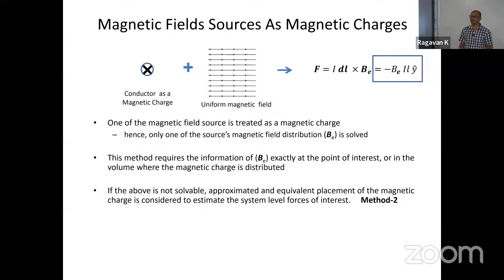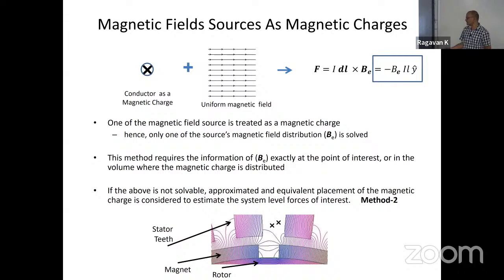I'm sure you want to look at an example of this. For example, in machines, I think you'll know that the magnetic field takes the shortest path to the ferromagnetic material. So if the permanent magnetic field is coming out of the rotor, it doesn't reach the conductors, right?